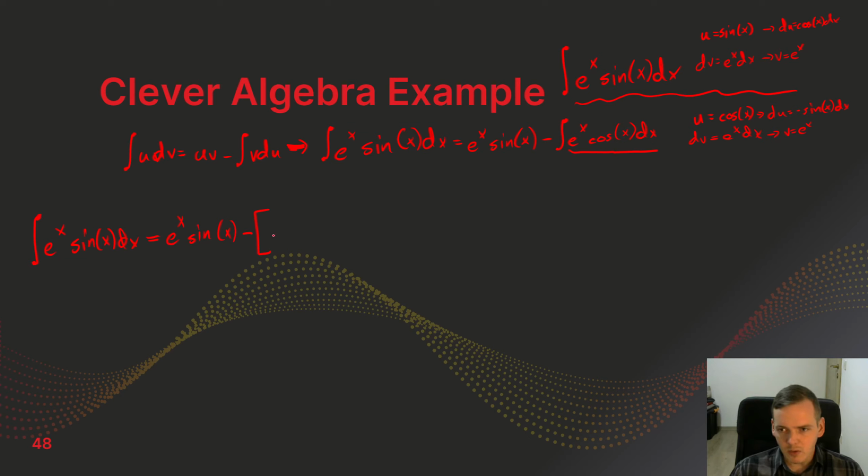So that's going to be uv of the new u and v, so e to the x cosine of x, minus the integral of v du. So what's v? It's e to the x, and du is negative sine of x, so I'm going to put that right here.